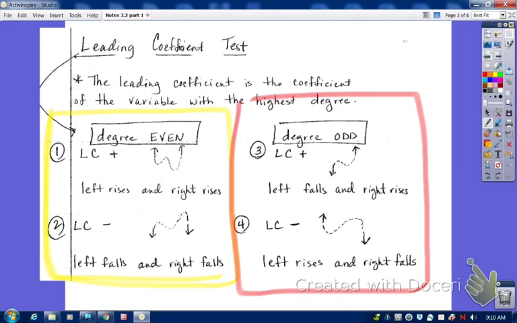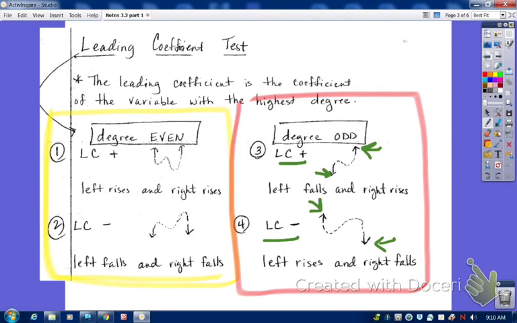If the leading coefficient is positive, then the right-hand side goes up and the left-hand side goes down. If the leading coefficient is negative, then the right-hand side goes down, so the left-hand side must go up.